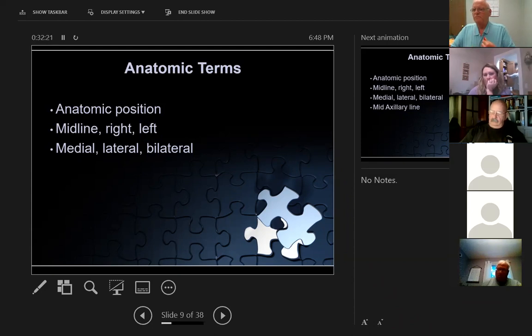Can you guys see that? I'm towards the midline, towards the center line. So this is a medial stab wound. If it was here, it'd be a lateral stab wound. Does that make sense? Medial, lateral. Both sides bilateral, okay?